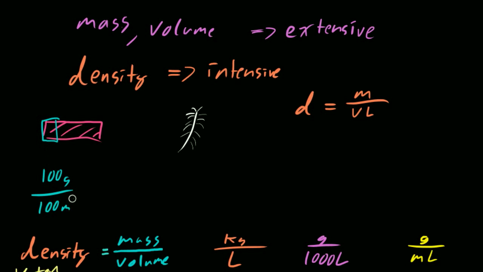I'm completely making this up for example purposes. This actually isn't the density of a brick at all. But let's just say that this little blue portion of our brick, if we were to chip that off of the brick, had a mass of 100 grams and a volume of 100 milliliters.